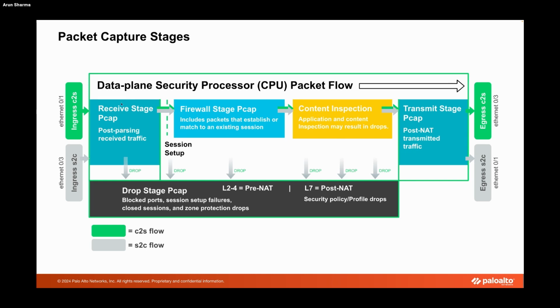At any stage, the traffic can be dropped, and to find out why it's dropped, we have to look deeper into the packet captures correlated with the global counters, and then compare it with the PCAP. Sometimes there's a scenario where you see the drop and receive PCAPs.